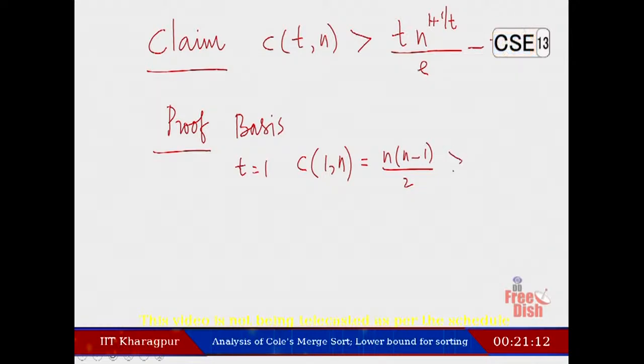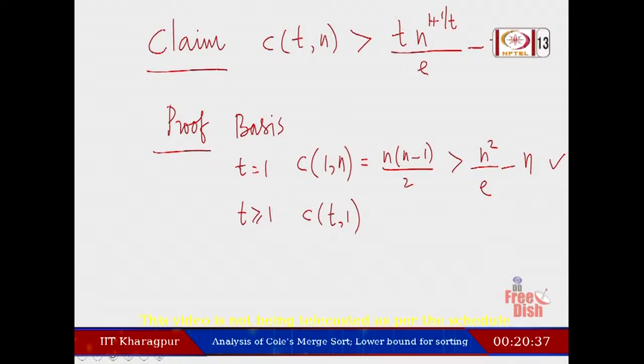This you can see is n squared by e. If you put T equal to 1 in this expression, you would get n squared by e minus n. So you can show that n times n minus 1 by 2 is greater than n squared by e minus n. Therefore, if T equal to 1, our claim is correct. Now consider C(T, 1), which means you want to sort one element in T steps.